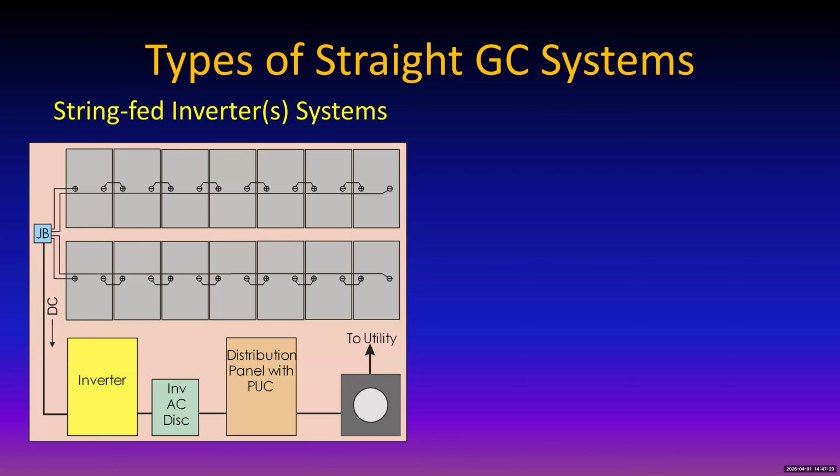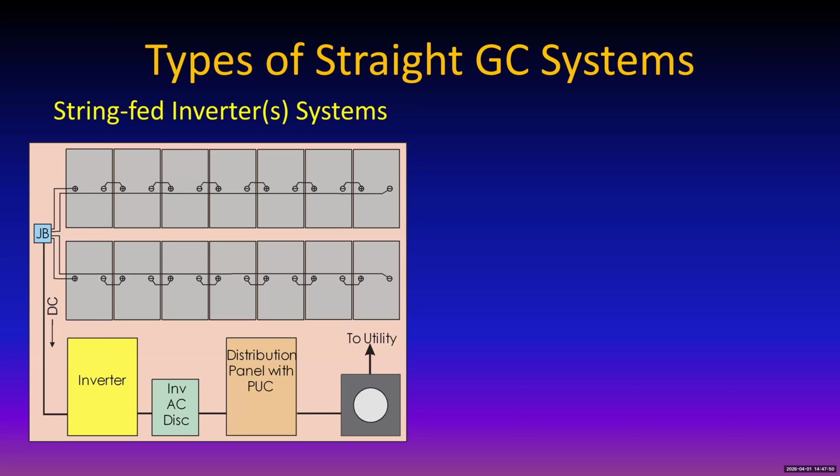What's the implication here? Well, the implication is that when you connect things in series, they have to have the same current. And when you connect things in parallel, they have to have the same voltage. So therefore, we call these things strings. Some people call them source circuits.